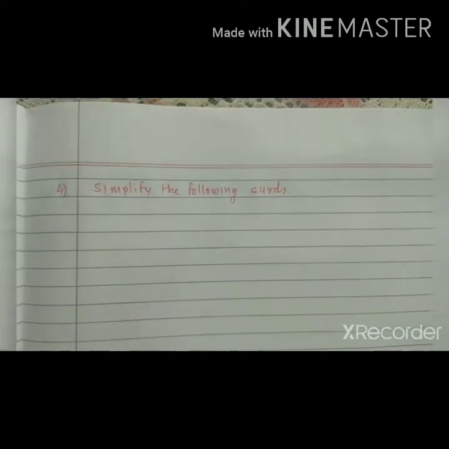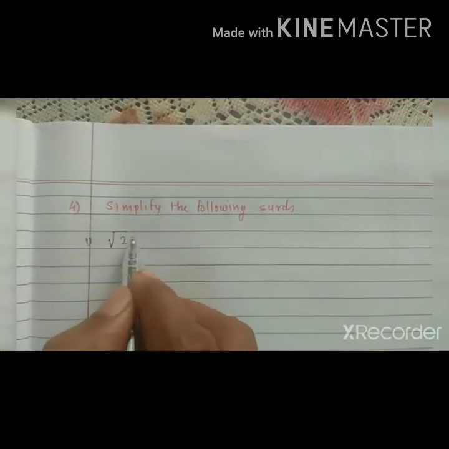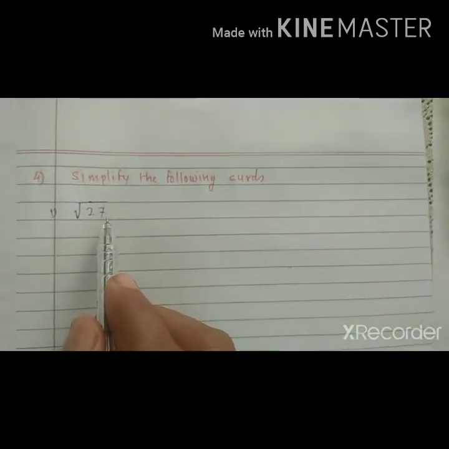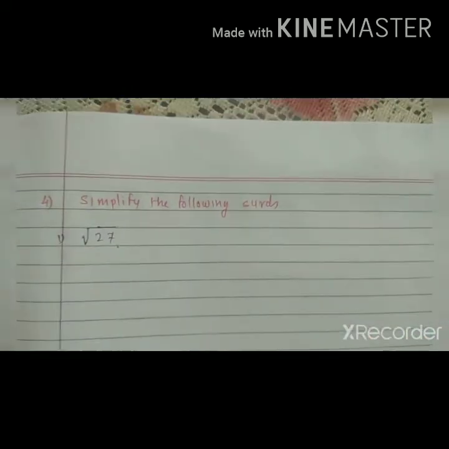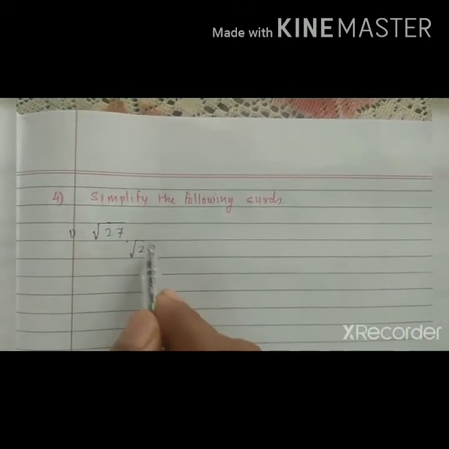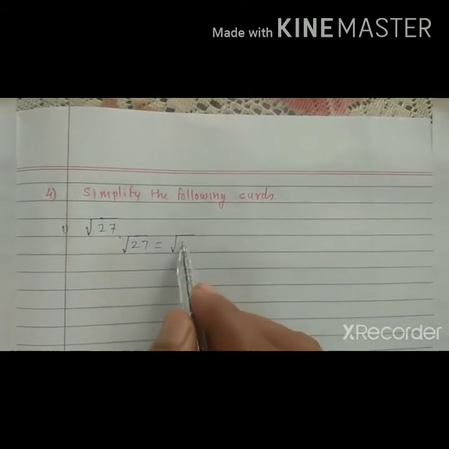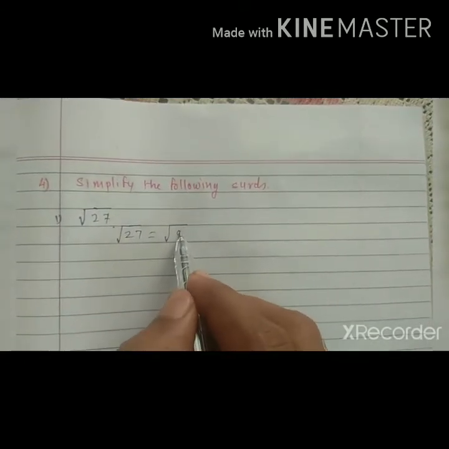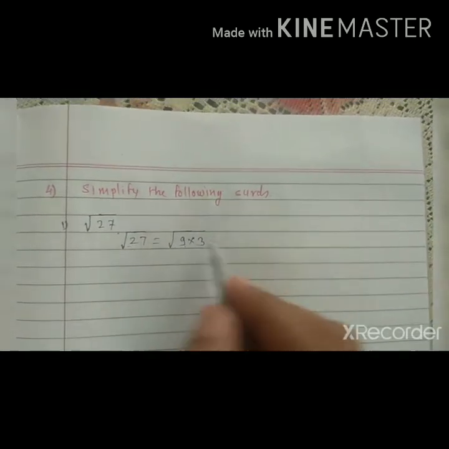Now simplify the following surds. The first surd is root 27. It is a pure surd. We have to convert into mixed surd. So 27, here order is 2. तो यहाँ पे क्या होना चाहिए? स्क्वायर नंबर होना चाहिए. तो कौन सा है? 9. 3 nines are 27.